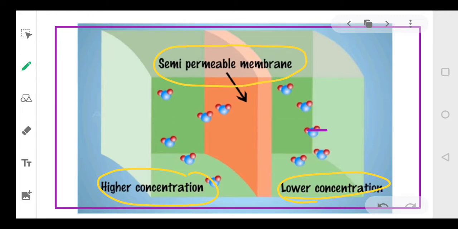So here the water is more, here the water is less, so water will be transported from this place to this, that is from high concentration to low concentration through a membrane. It always occurs through a semi-permeable membrane. Okay dear students?